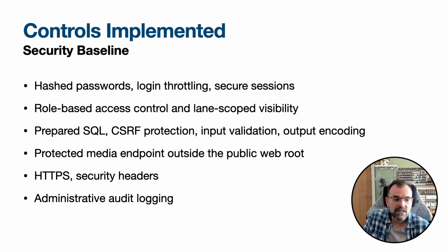The threat imagery is controlled by a protected media endpoint outside the web root, so these files aren't just exposed as static assets, and you must be authorized to access them. At the edge, HTTPS and security headers are enabled. I also implemented administrative audit logging, and in the demo you saw that as I authenticated as a lane security officer with access to view only the security events for that assigned lane. This shows the RBAC controls.